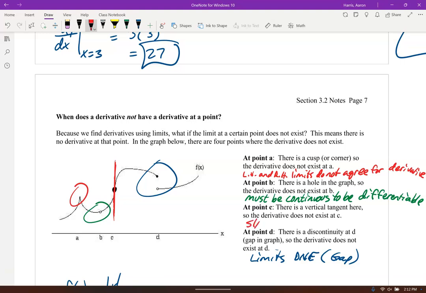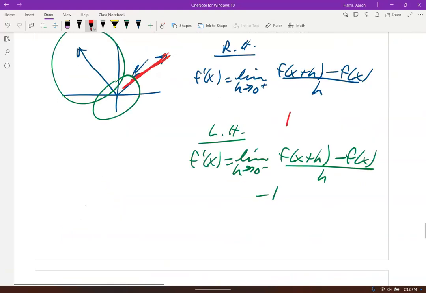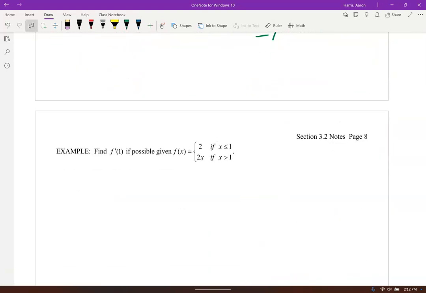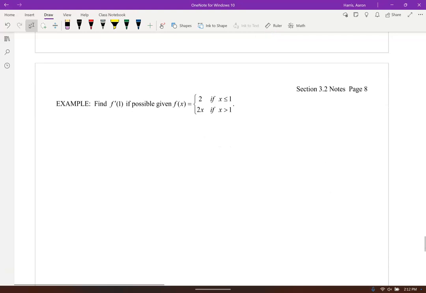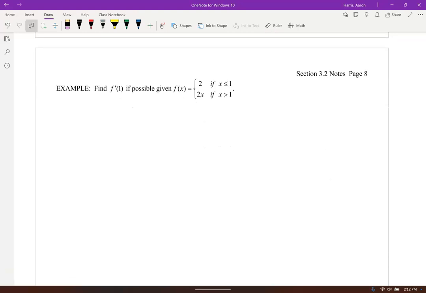That's the whole problem. The slope of the tangent is undefined. Remember, that's what a derivative is: the slope of the tangent. Since the slope of the tangent is undefined, there's no derivative there. The tangent's vertical. Okay, so those are all issues for that. All right, let's go ahead and take a look at this one here.